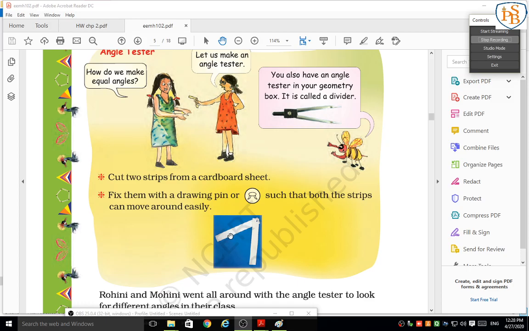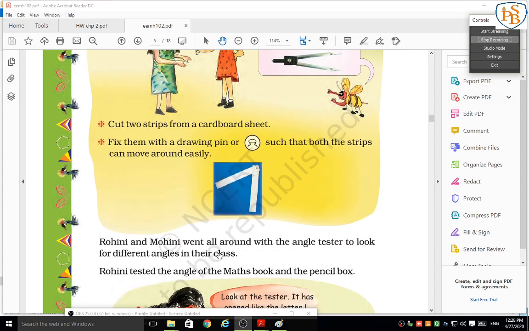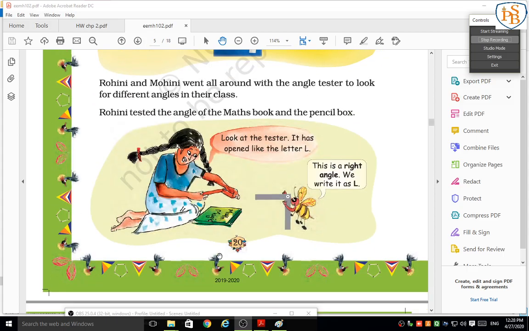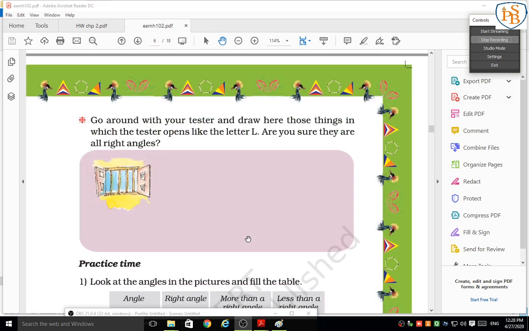Have you made an angle tester at your home by using strips? Okay, good. Then have you measured the angles of different things like your book, compass box, the things which are surrounding you? Done? Good.